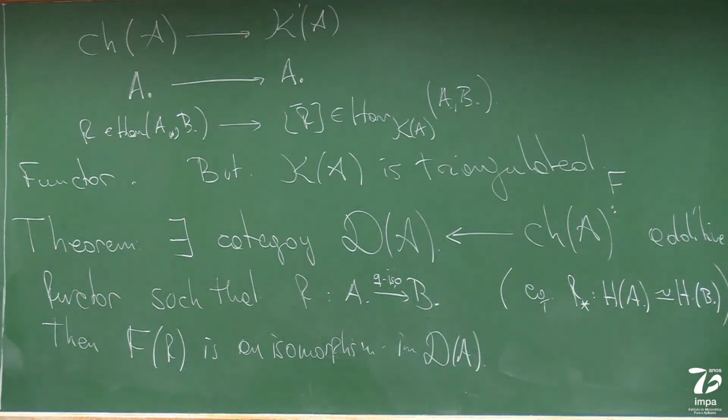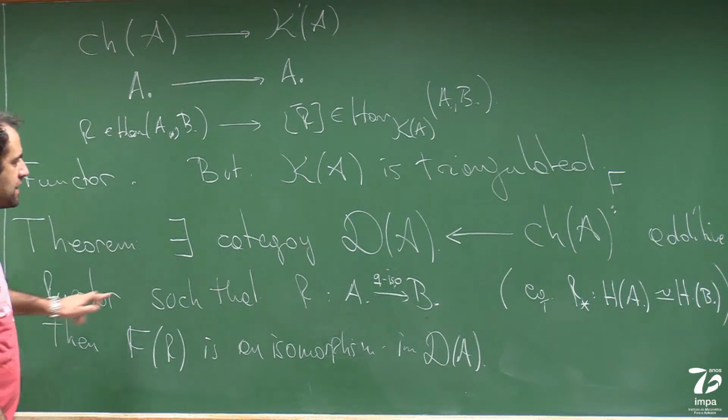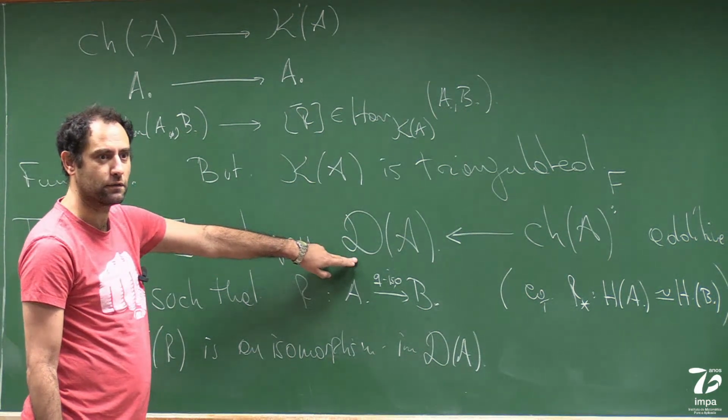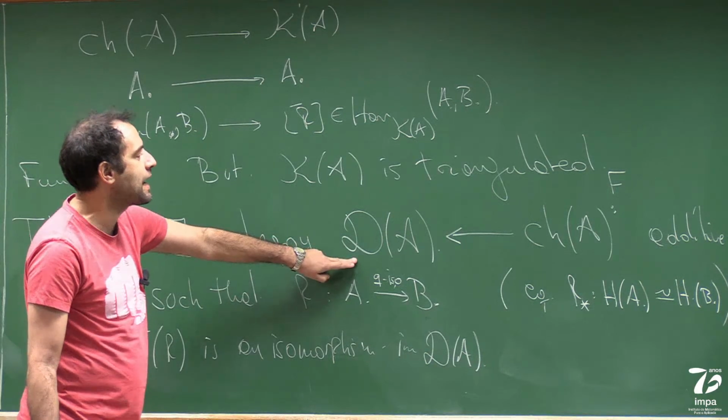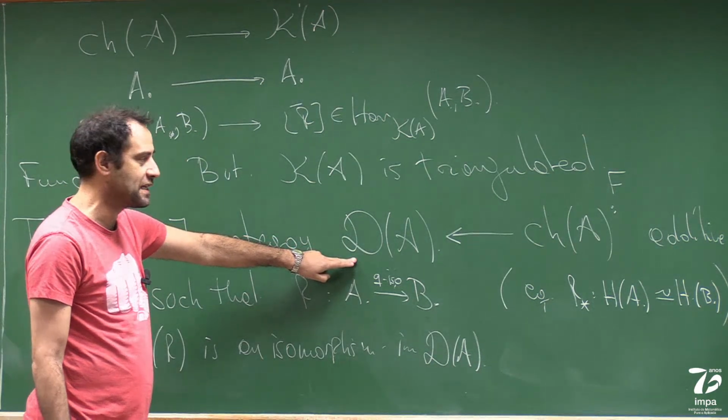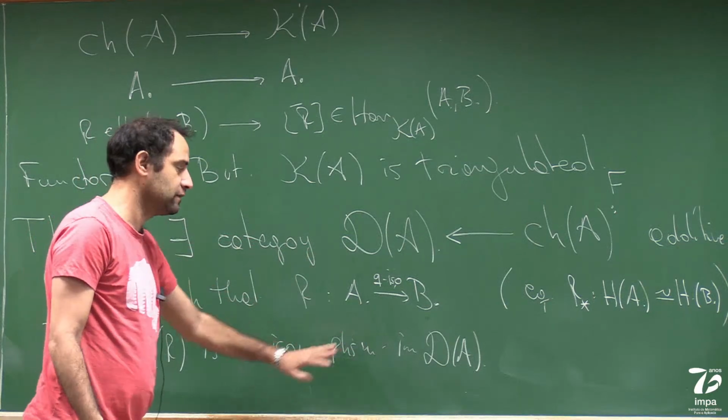So that's one condition. Of course, this condition is kind of silly because you can take this category to be the empty category. If you want it to be an additive category, it's just the category with the zero object and the zero morphisms and nothing more, and then this is true.